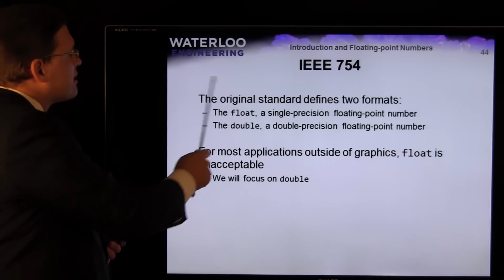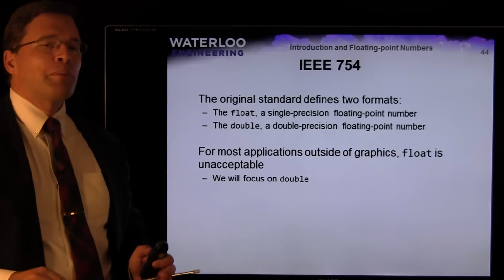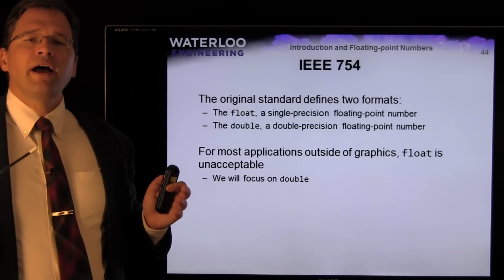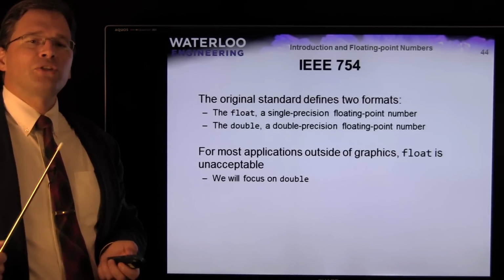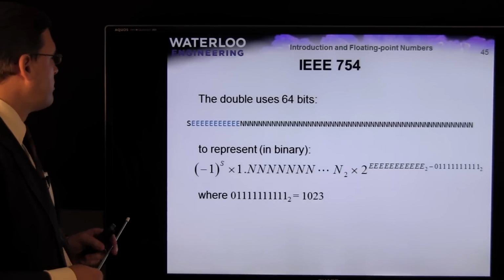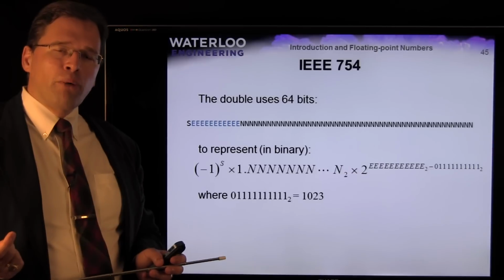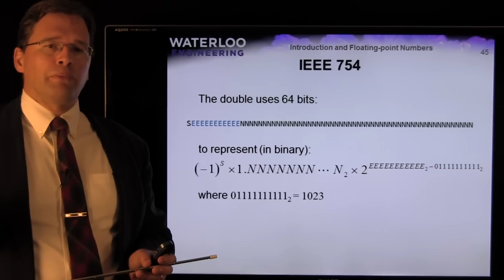Float, a single precision floating point number, and double, a double precision floating point representation. Other than graphics, float is usually unacceptable. As an engineer, you should always use double. A double precision floating point representation uses 64 bits. A single precision float uses 32.